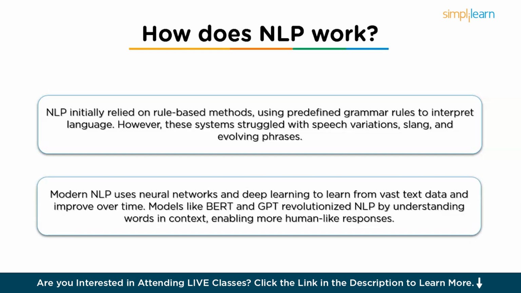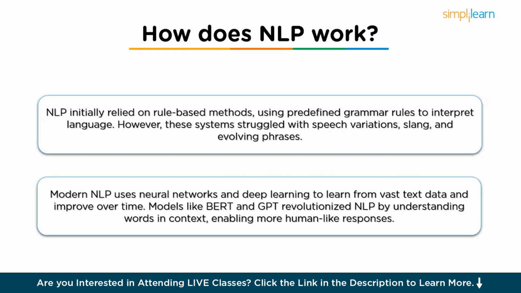Earlier, NLP systems used rule-based methods, where predefined grammar rules dictated how a computer interpreted language. However, these systems struggled with variations in speech, slang, and new phrases. Modern NLP, on the other hand, is powered by neural networks and deep learning, which allow AI to learn from vast amounts of text data and improve over time.